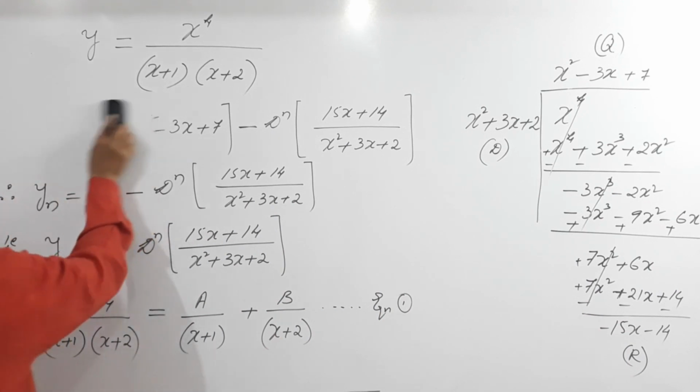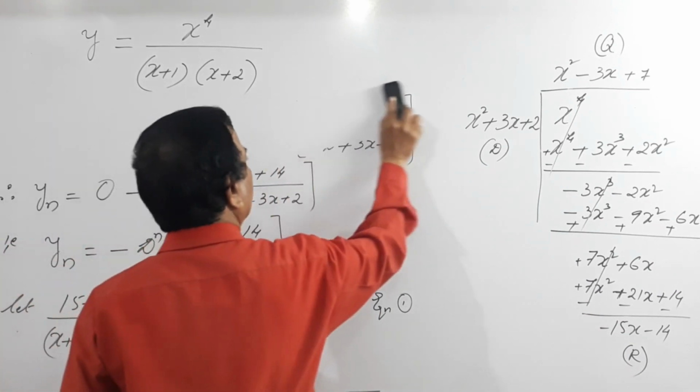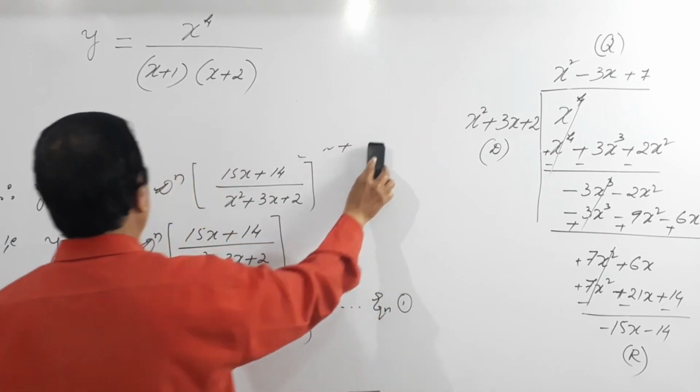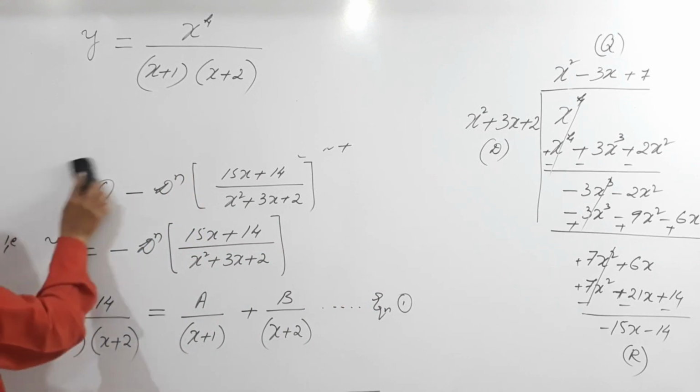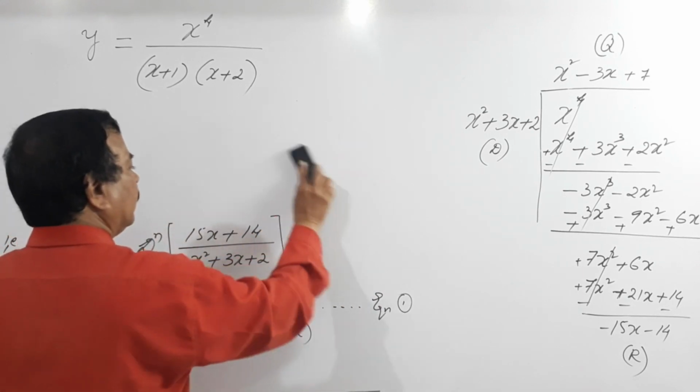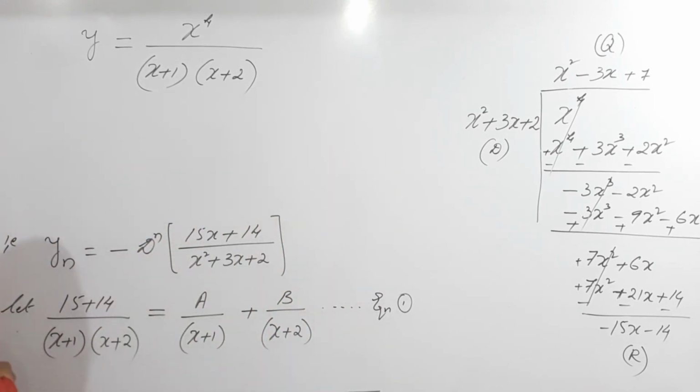So remember we have a minus value here, so don't forget that. What I'll do, I'll multiply equation 1 by (x + 1)(x + 2) on both sides. What happens to the left hand side?